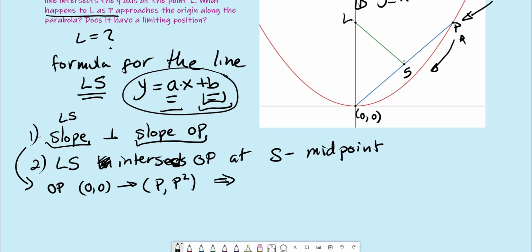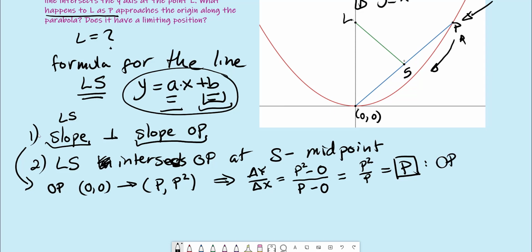Remember, the slope is just the difference in y divided by the difference in x. So the slope is p squared minus 0, that's the y on the parabola minus the y at the origin, divided by our x on the parabola minus the x at the origin, which is just 0 again. And so we have p squared over p. So our slope is just p. This is the slope for OP.